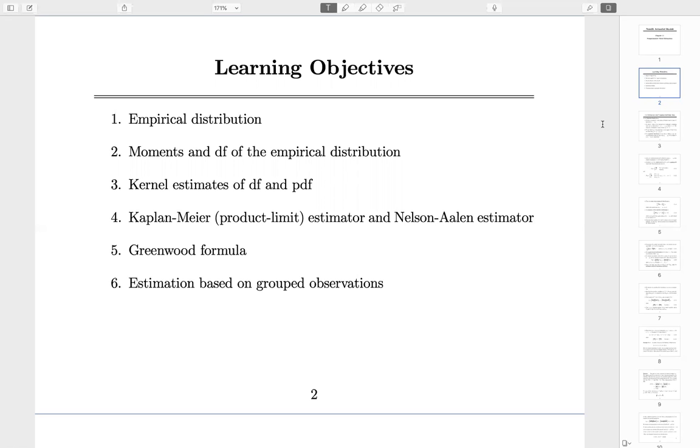But on the other hand, just like anything in statistical learning, things with great flexibility tend to lose on interpretability, right? It's not exactly interpretable because there is no model. So we will see that obviously. The quick objectives of this chapter are listed down here. We will learn all of them.